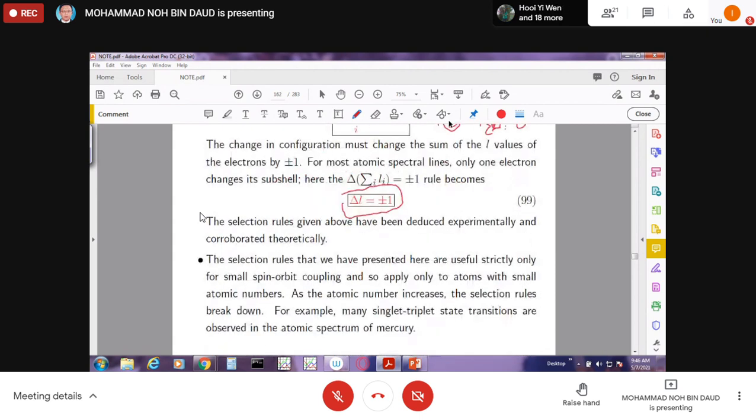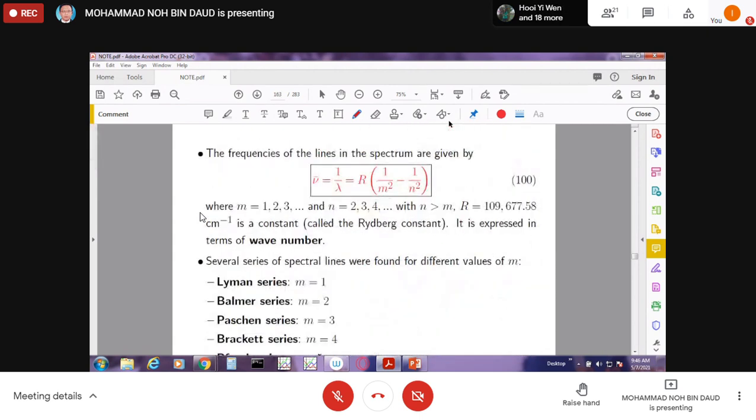So you can relate these transitions to find the frequency. This is the wave number, commonly used by spectroscopists to assign their spectra.